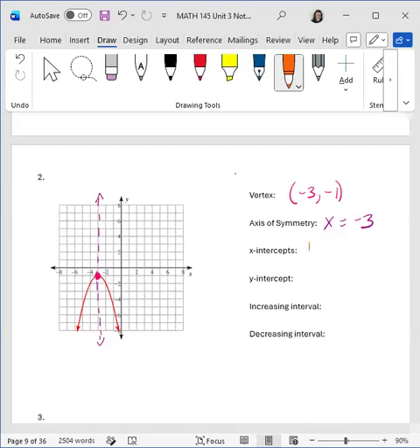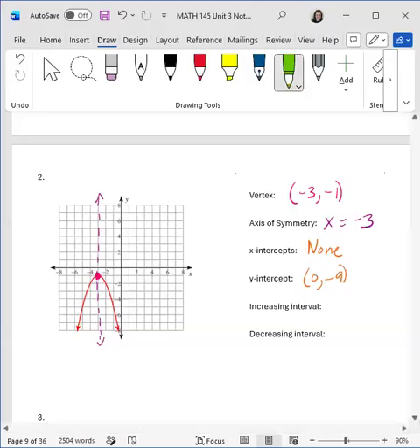So there are no x-intercepts. The y-intercept, if I look at the y-axis, this parabola is going to touch the y-axis at, it looks like maybe -9. It's off the graph, but I'm going to guess it's (0, -9).